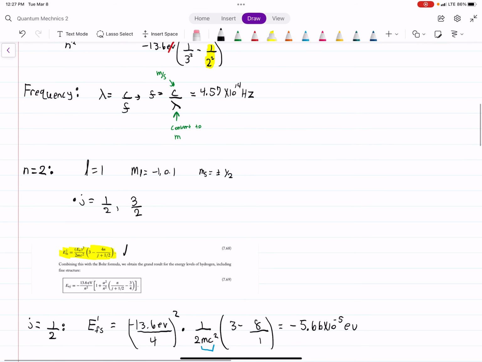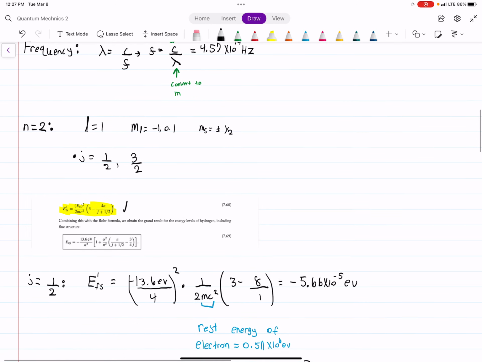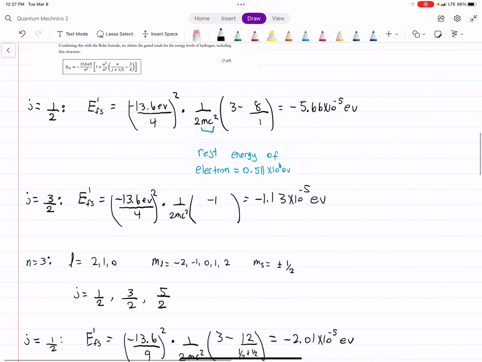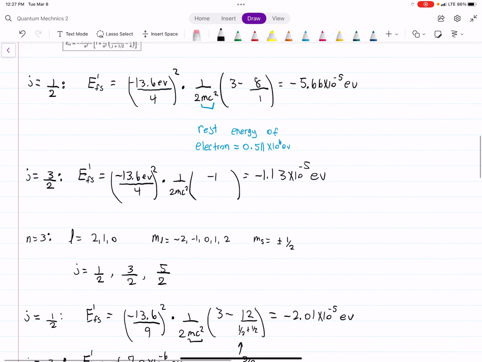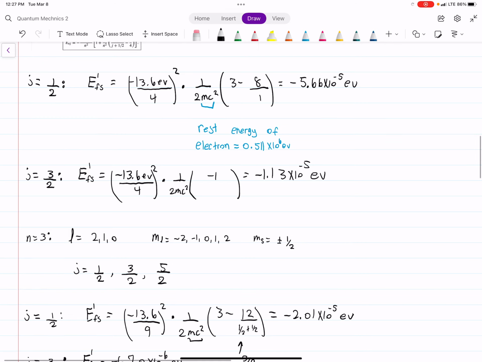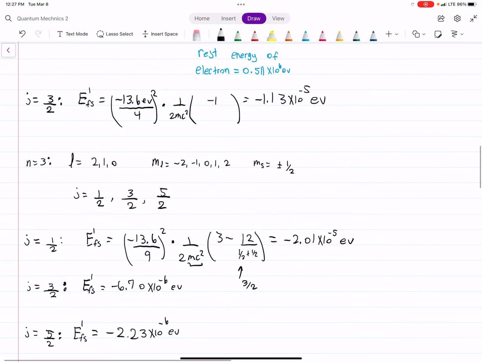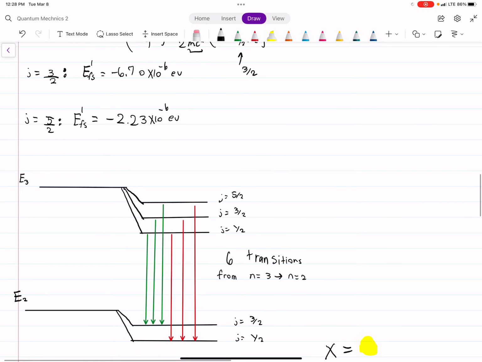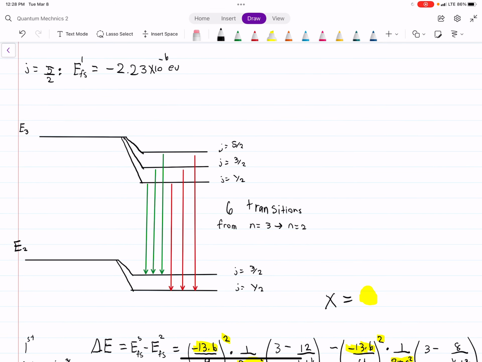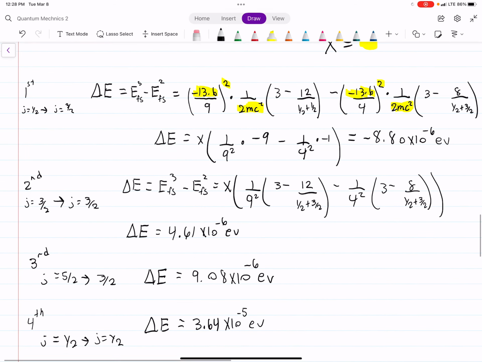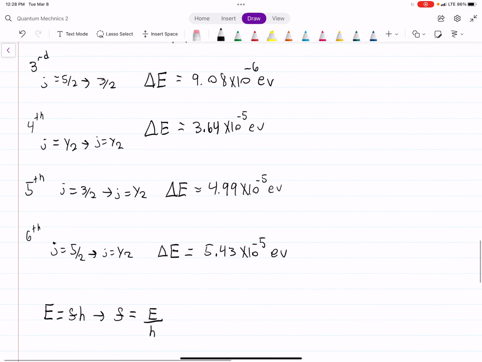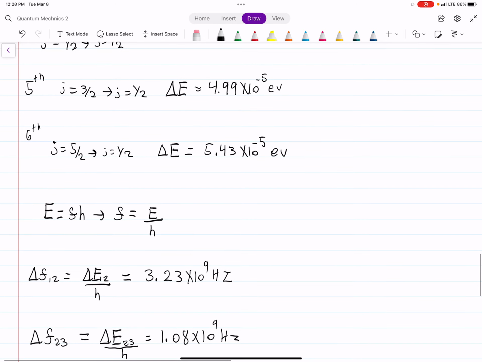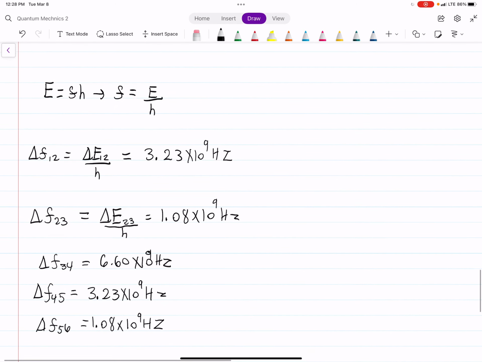Then we found our different subsets of energy for n equals 2 and n equals 3 with J. With that, we found our fine structure energy correction for these different values. We drew a diagram and indicated the 6 transitions from n equals 3 to n equals 2. Then we found the change in energy from each one of these transitions, and then we found the frequency between these transitions.